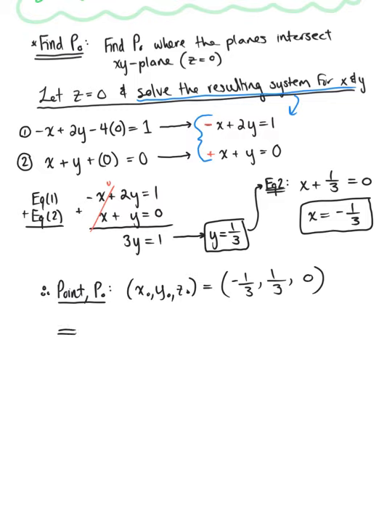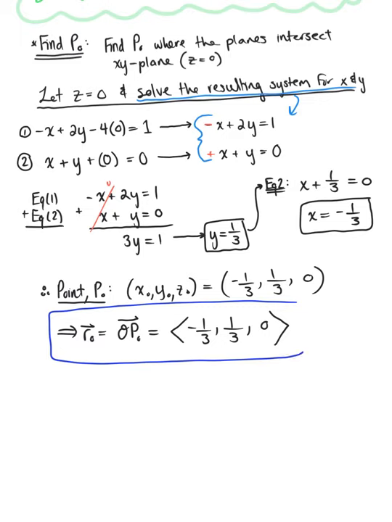And so the position vector r0, the directed line segment from the origin to P0, is going to be the vector with components -1/3, +1/3, 0. So the first part of our solution is ready to go.